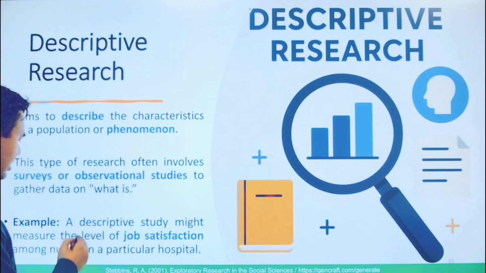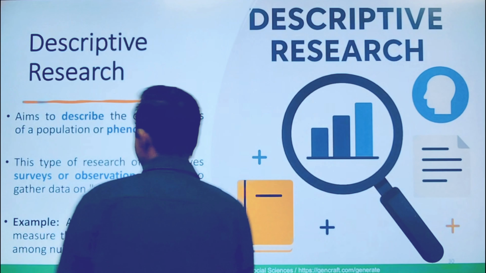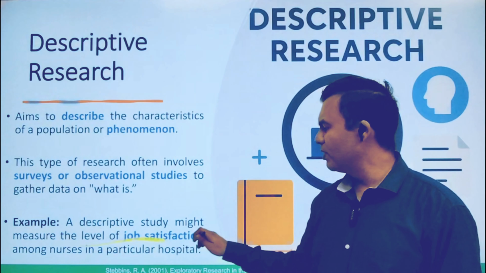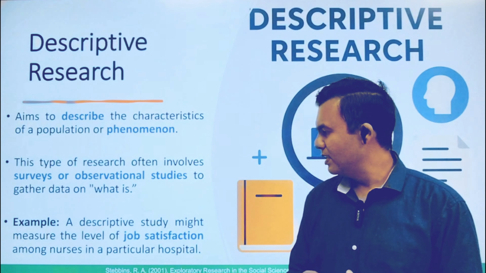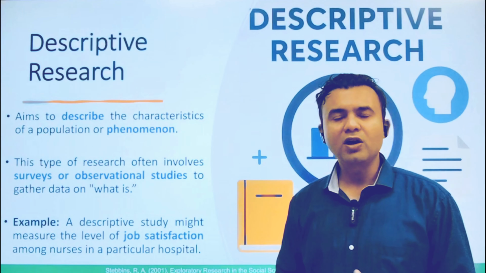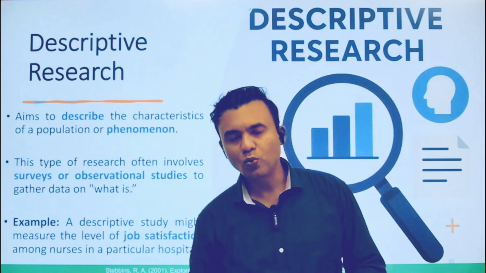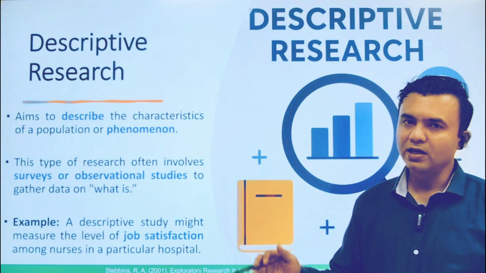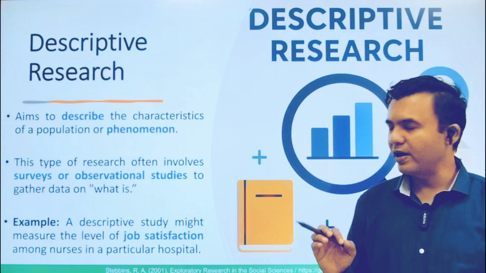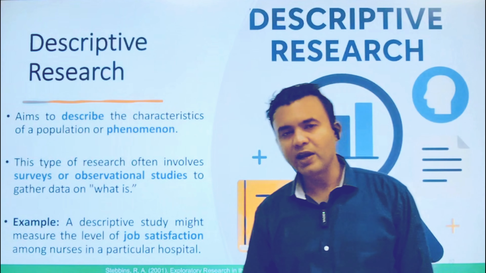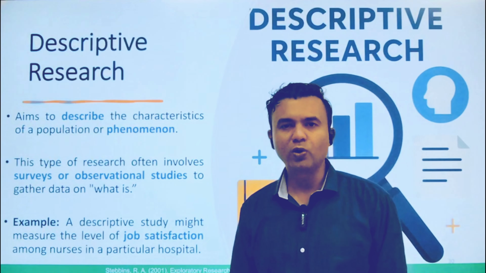For example, a descriptive study might measure the level of job satisfaction, right? You go to any company, and I want to describe how the work environment is there. Is it toxic? If not, then what kind of scenario? I mean, what is the job satisfaction of the workers there?